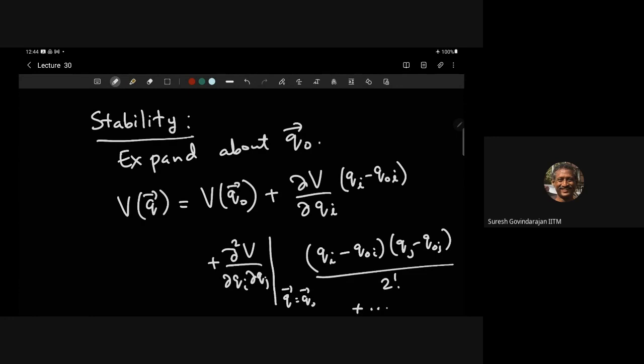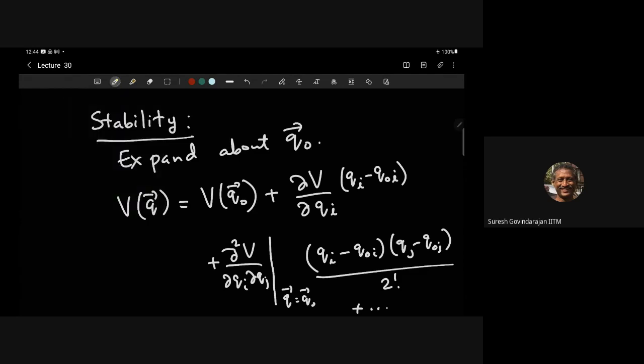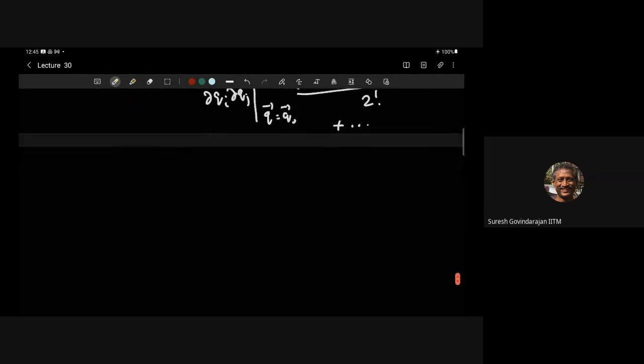Now we have to use the fact that q naught is a fixed point. What does that tell you? Some term vanishes. Which term vanishes? The first derivative vanishes. So we want to write an approximate potential.